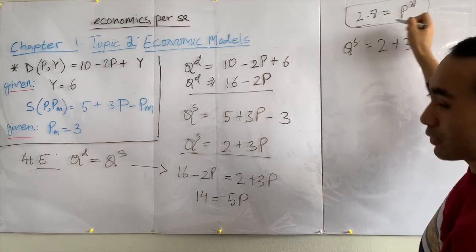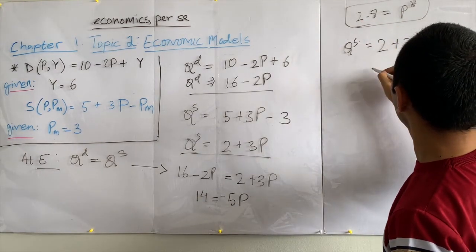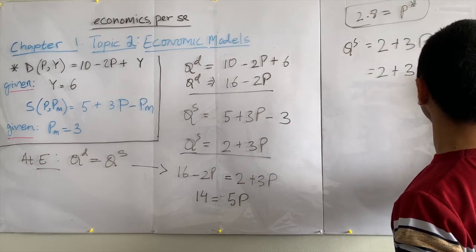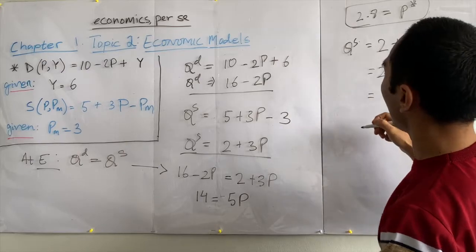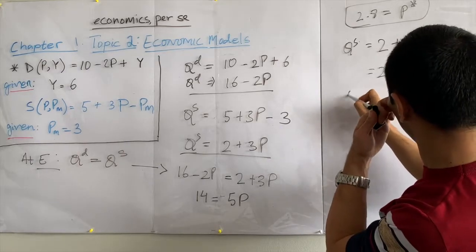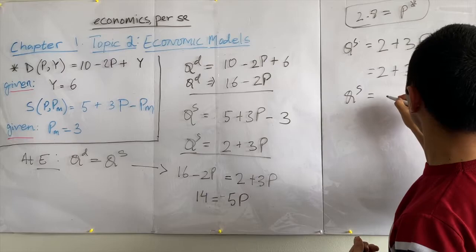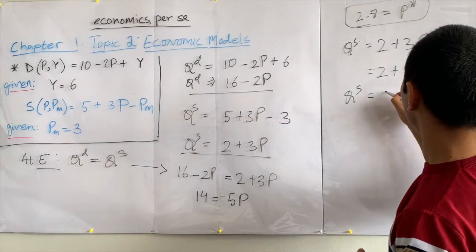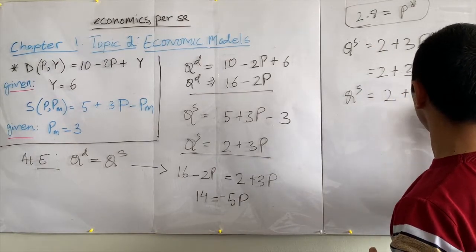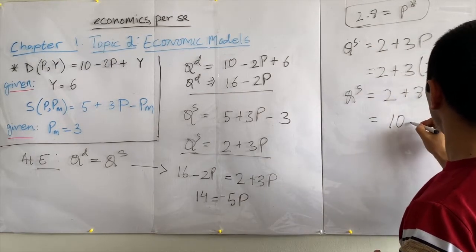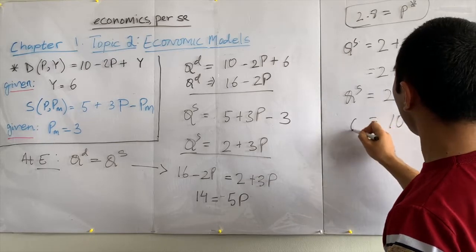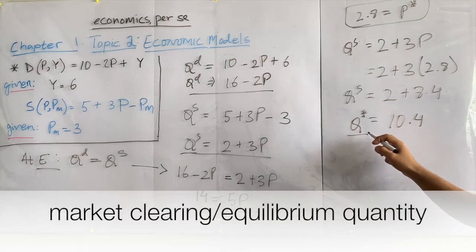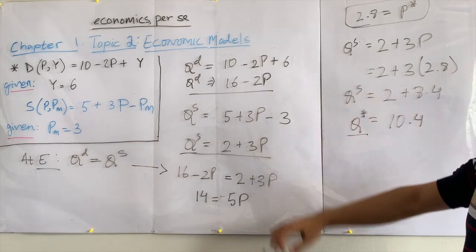Now p, we know that it's equal to 2.8, so that's 2 plus 3 times 2.8, which is going to equal, what is 3 times 2.8, Tom? 8.4. 10.4 is going to be our Q star. Again, this is the market clearing quantity, not the quantity demanded or supplied.